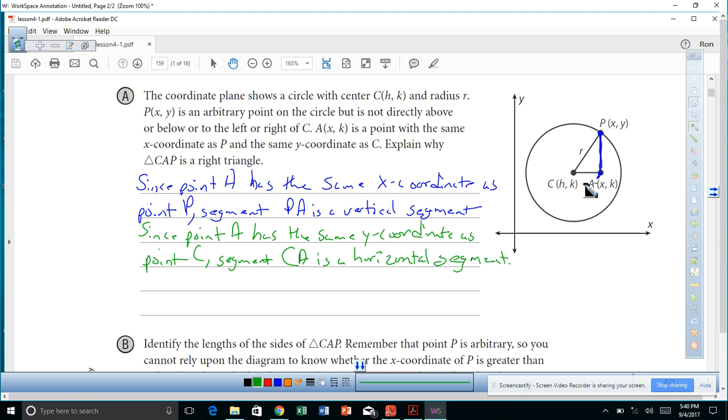And it's talking about, if you'll notice, since these are the same, that is a horizontal segment. And since those are the same, that is a vertical segment.